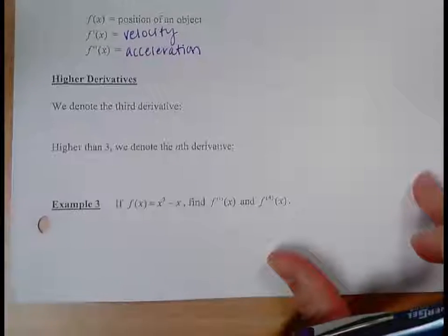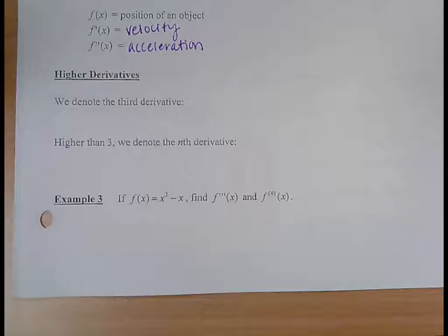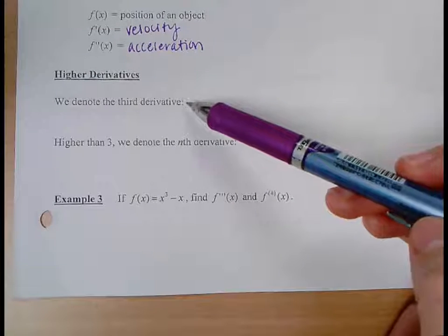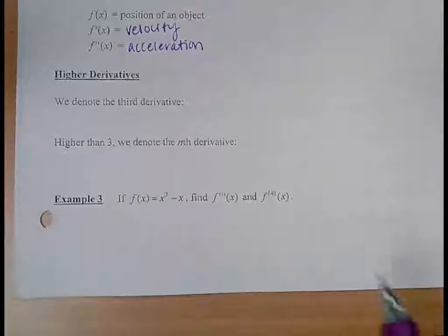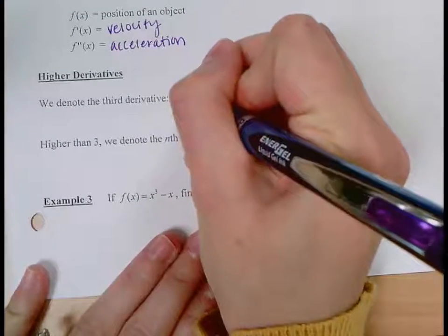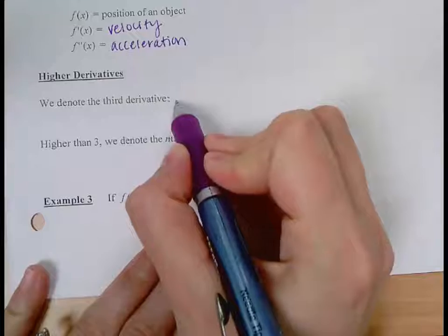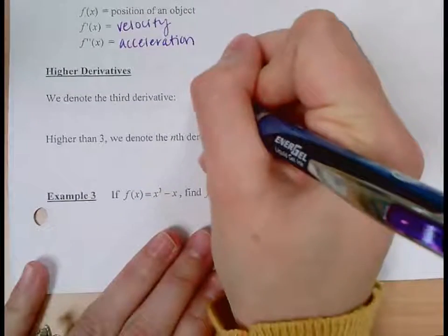All right, getting past second derivatives, higher derivatives, third derivatives. This would be the derivative of f double prime.